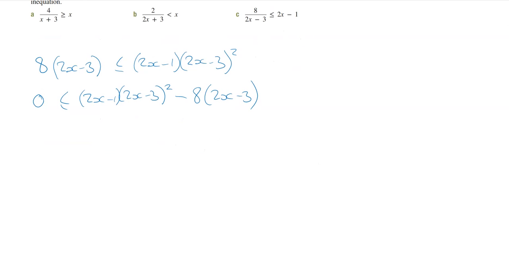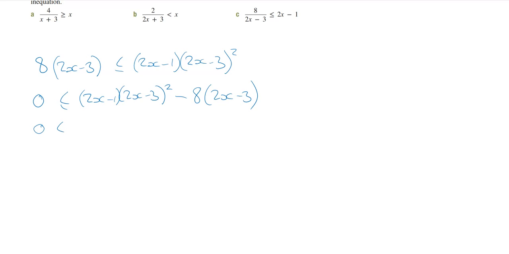So I've moved the 8 times 2x minus 3 over to the right side, and thus it's subtracted now because I've subtracted it from both sides. So there's been no multiplications, so my inequality is still the same.